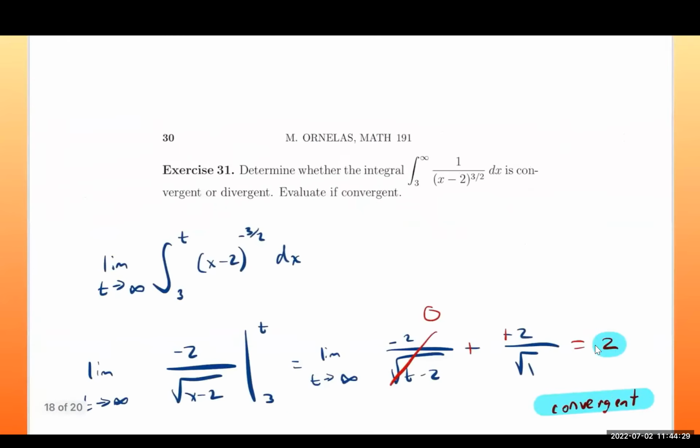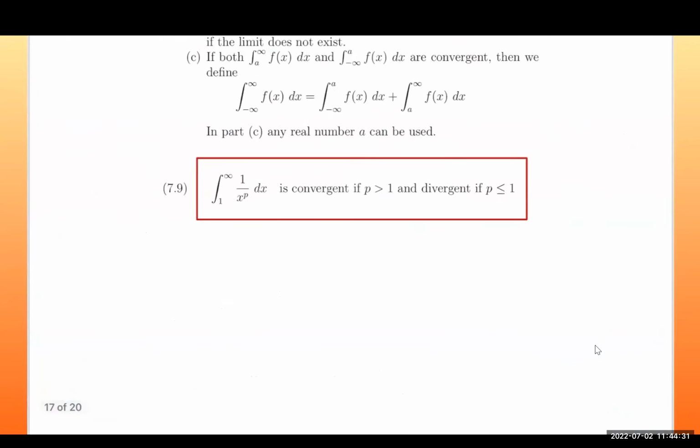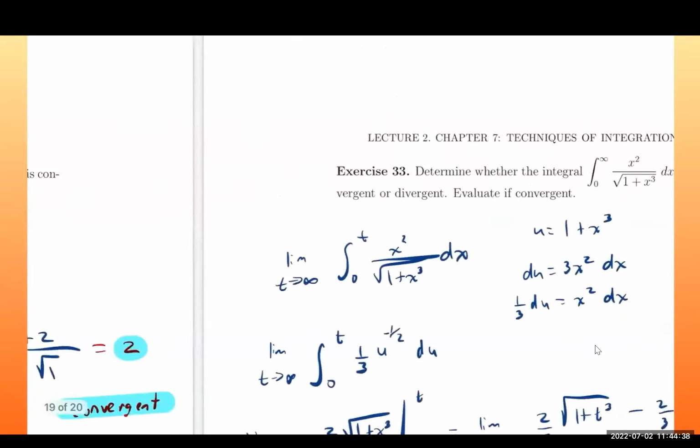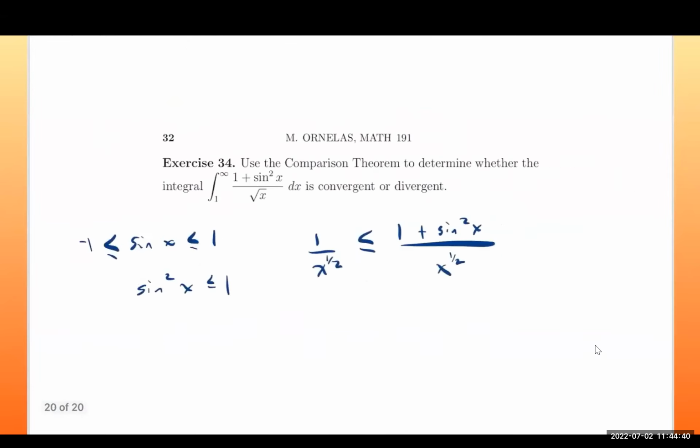So we know that this is bigger than or equal to that, and we know that this is divergent because p is less than 1. If we refer back to this theorem, if p is less than or equal to 1, then it's divergent, which it is for us.